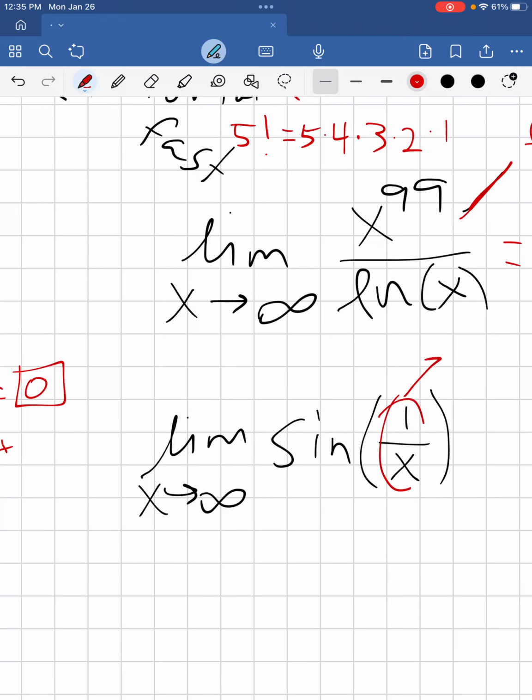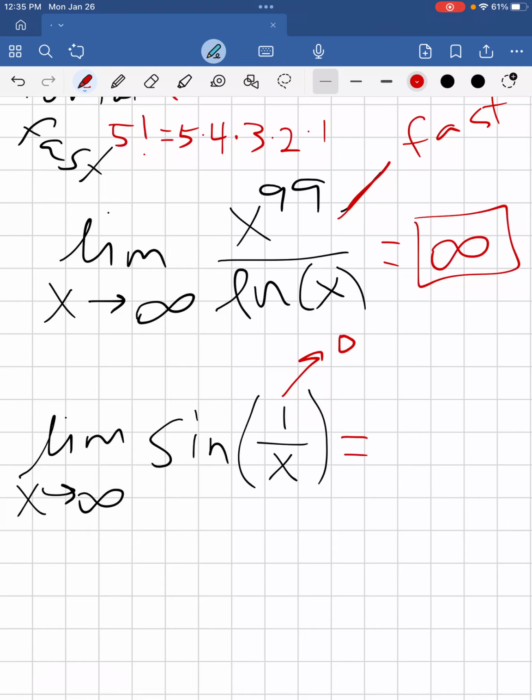And if 1 over x is approaching 0, then sine of 1 over x is approaching sine of 0. And sine of 0 from your unit circle is 0. Now, had this been cosine of 1 over x, your answer would have been 1, because cosine of 0 is 1. All right, so just some other interesting things to think about as you go through these limits at infinity.